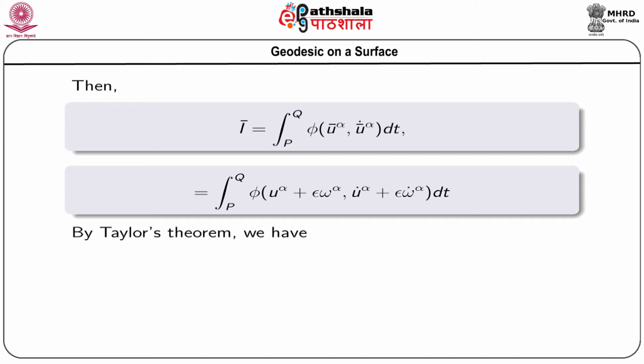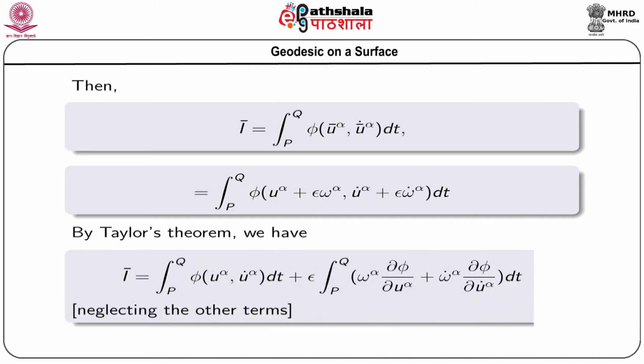Now, using Taylor's theorem for functions of two variables, we have I bar equals the integral from P to Q of phi of u alpha, u dot alpha dt plus epsilon times the integral from P to Q of omega alpha del phi by del u alpha plus omega dot alpha del phi by del u dot alpha dt.